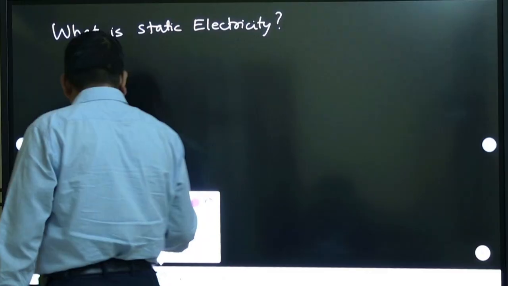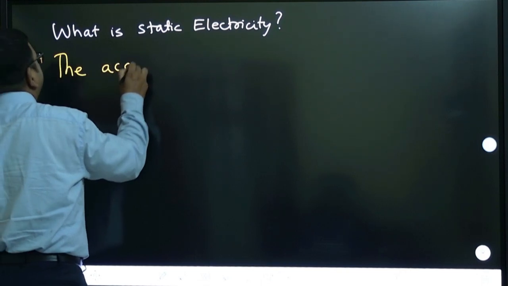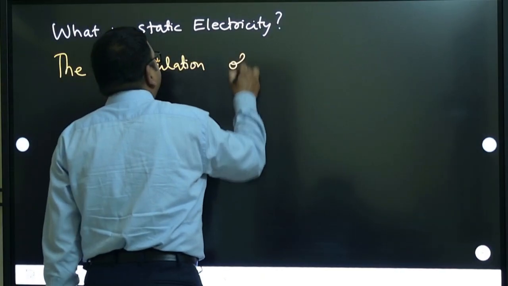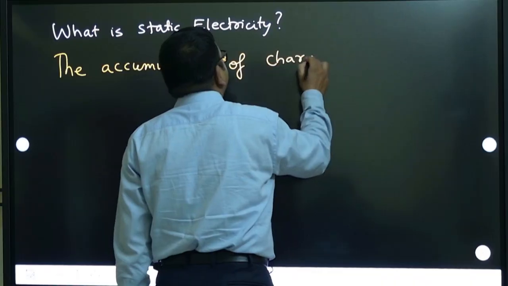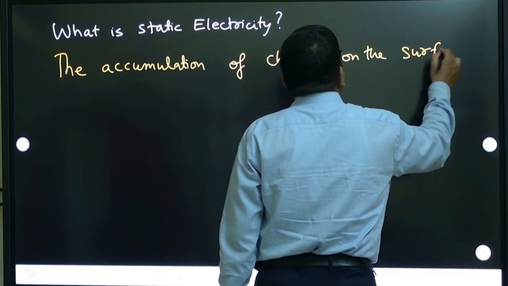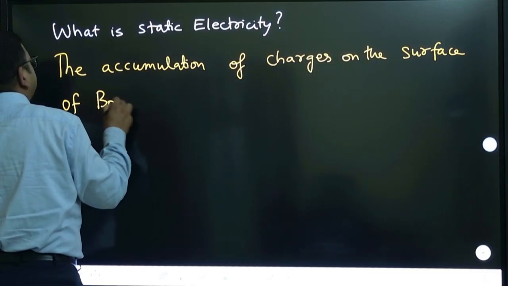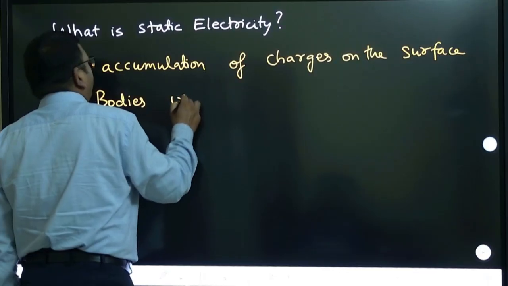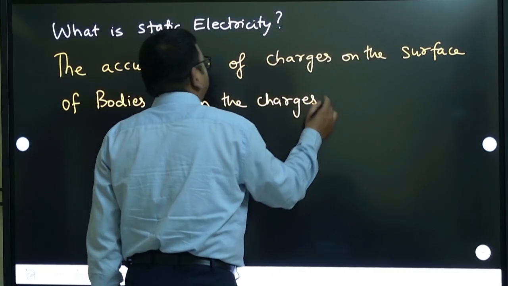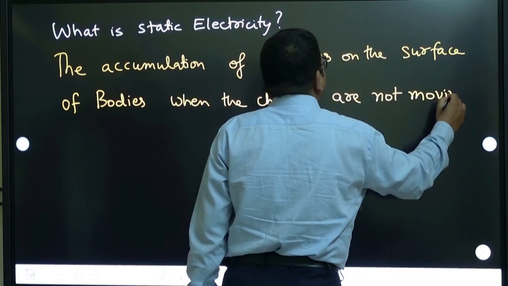So here we can define this as the accumulation of charges on the surface of bodies when the charges are not moving.